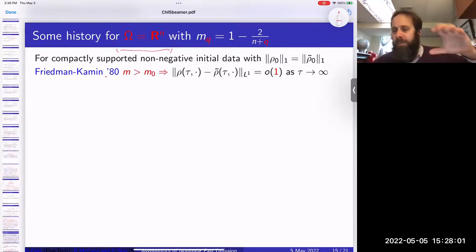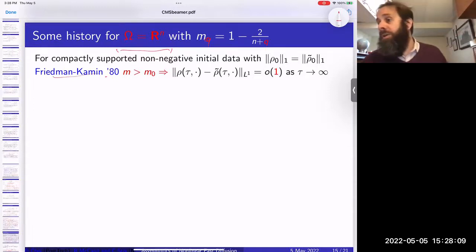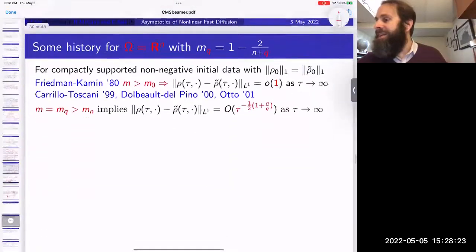Only q moments can be integrated, the thickness of the tail is such that you can only integrate q powers of y against the tail. So Friedman and Kameen showed 50 years ago that if you take any two solutions with the same total mass, let's say non-negative solutions, then the dynamics is acting like an L1 contraction. It's getting smaller as tau increases.